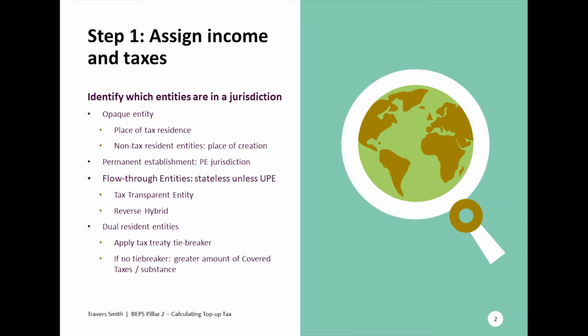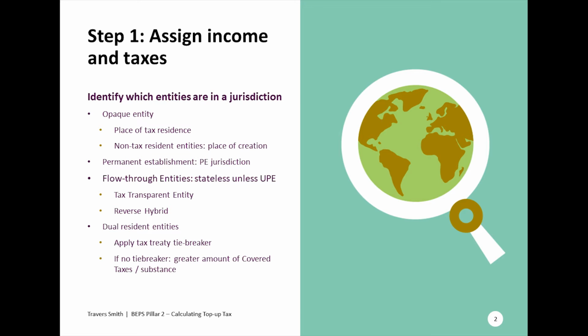For dual resident entities, for example, an entity that is tax resident in the country that it was incorporated and also tax resident in the country where it is essentially managed and controlled, you would apply the tax treaty tiebreaker.